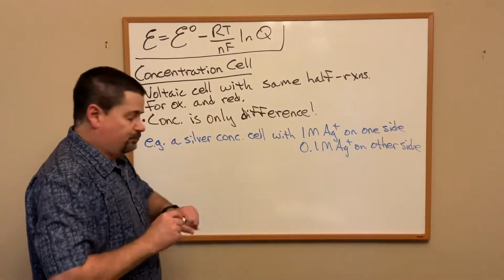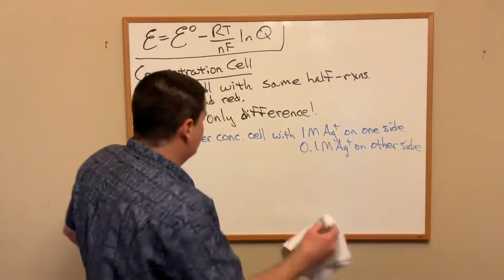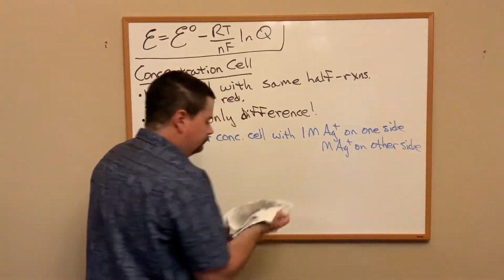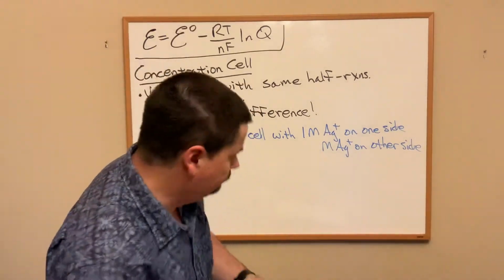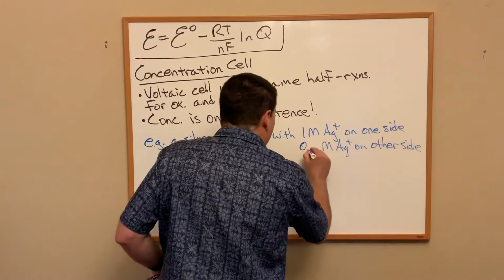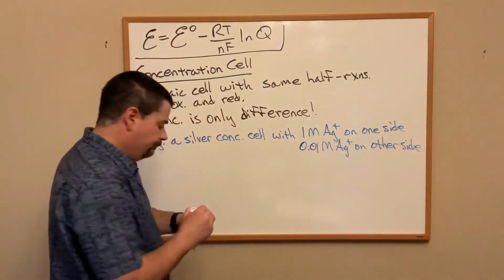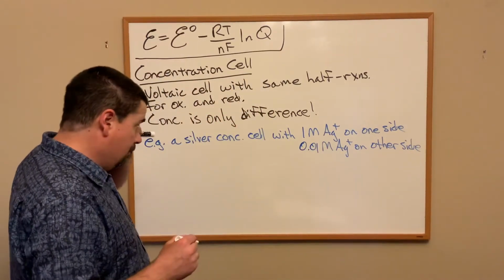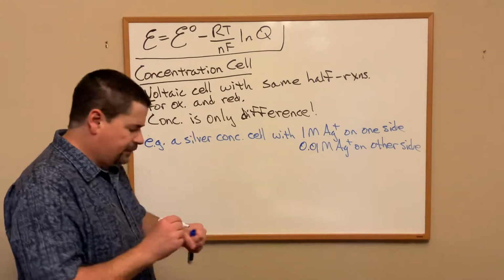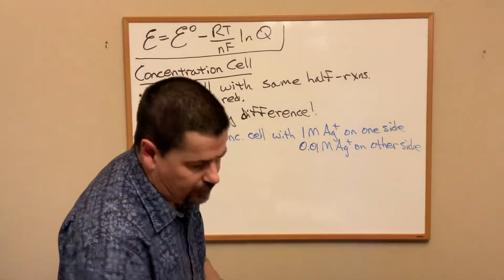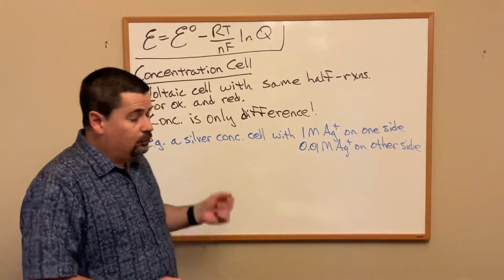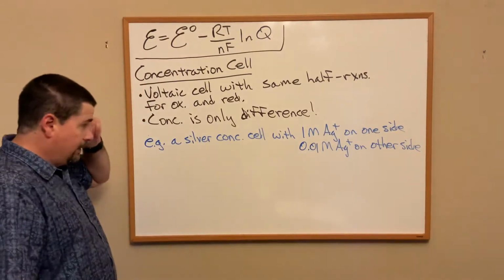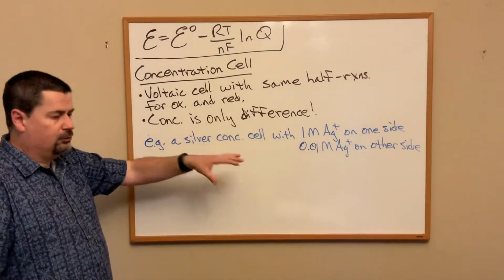Okay, so actually, let's make that 0.01 molar. We'll leave it at that with sig figs for now. I'm not going to worry about it here. So we could go ahead and plug in our values here.